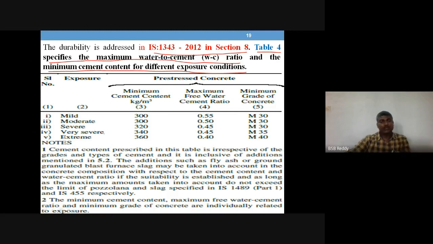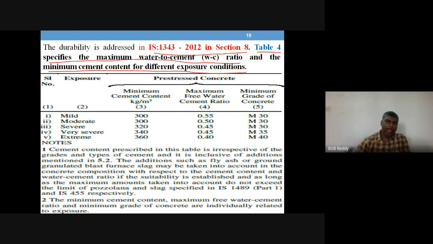To address the durability problems, you need to maintain some minimum cement content and the maximum water cement ratio, so that your durability concern will be taken care of.